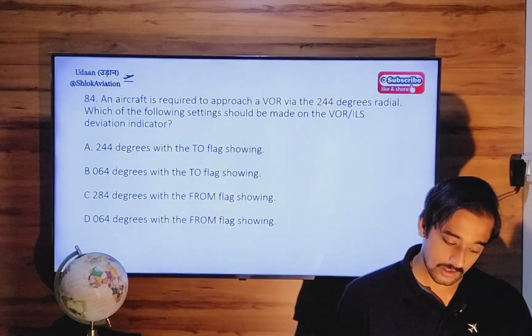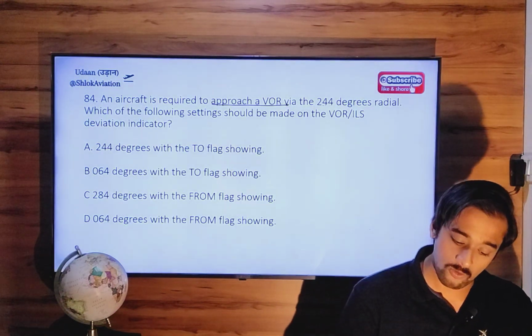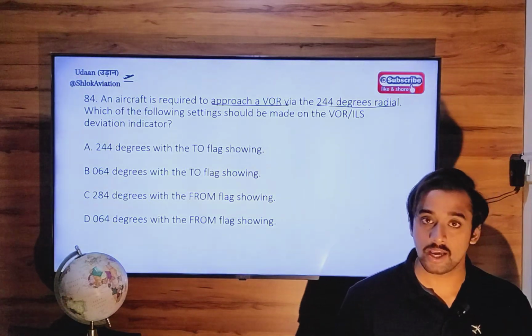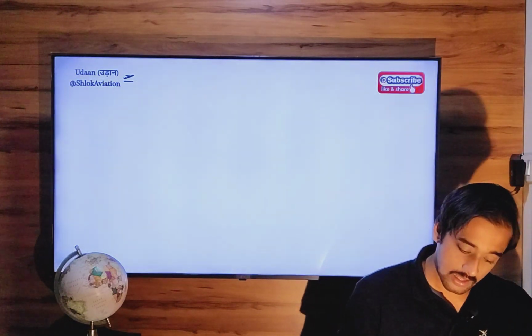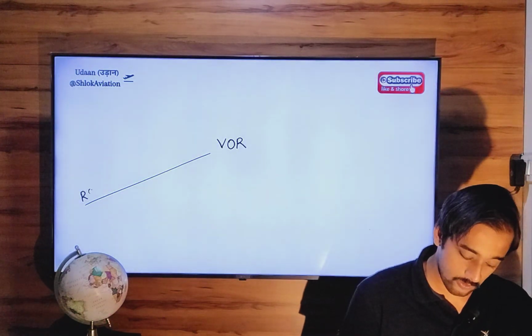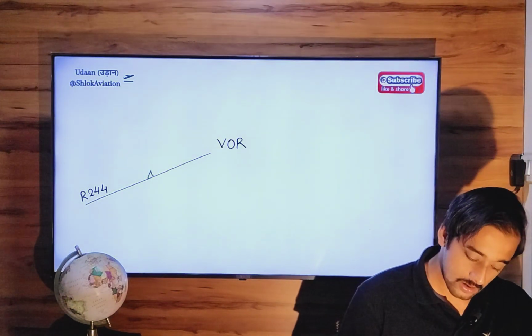Question 84. Aircraft is required to approach a VOR via 244 radial. Which setting should be made on the deviation indicator? Very simple. This is your VOR station and your aircraft is on radial 244. You intend to fly inbound.